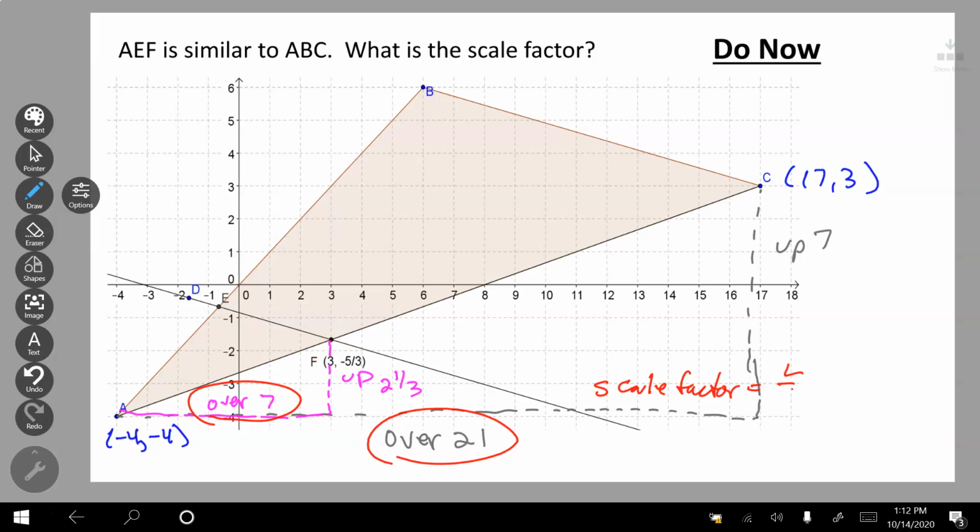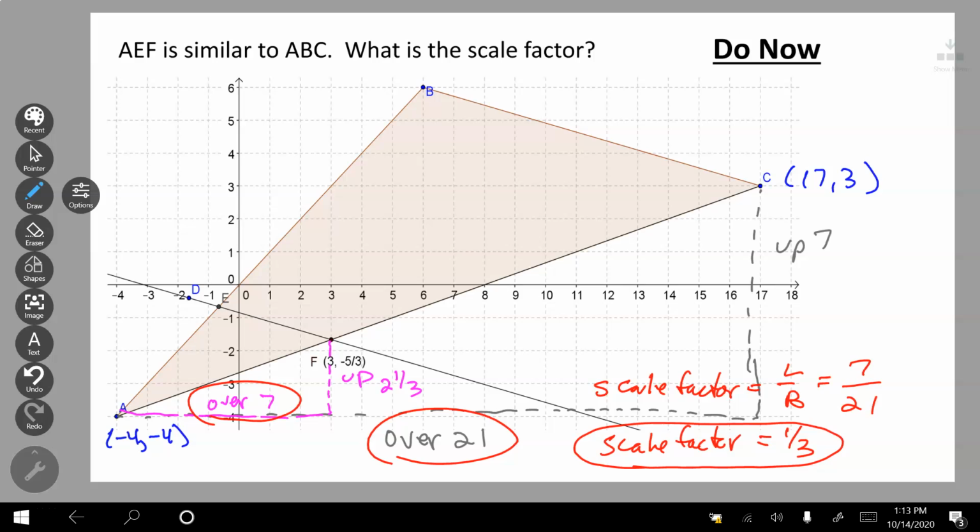I'm going to be little over big of 7 over 21. So my scale factor is equal to 1/3. Now if I did it the other way around, big over little, the scale factor would be 3. And if you look carefully, if we do 7 times 1/3, you get 7/3, and that's what that number is there anyways. 2 1/3 is 7/3.